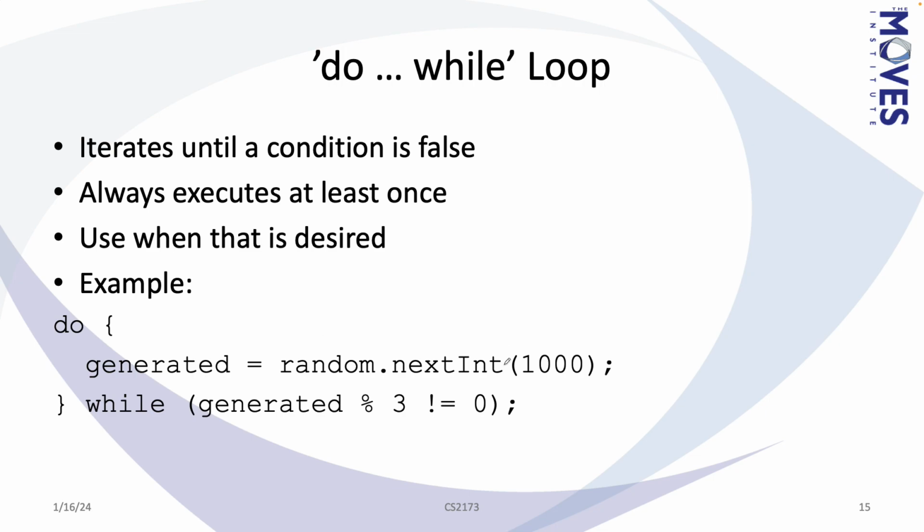This will generate values from 0 to 999. I want to execute it at least once because I need to get at least one. Let's say the first one comes up 25. Is 25 a multiple of 3? Nope, it'll generate another one. Let's say the next one is 52. Nope. Next one is 48. Yep, and then bounce out.